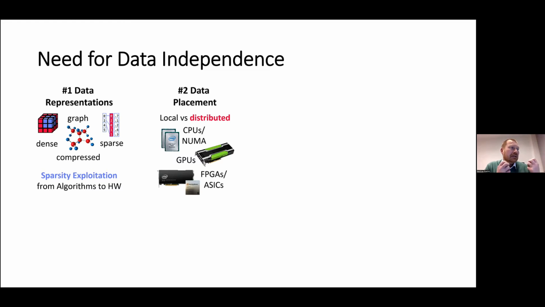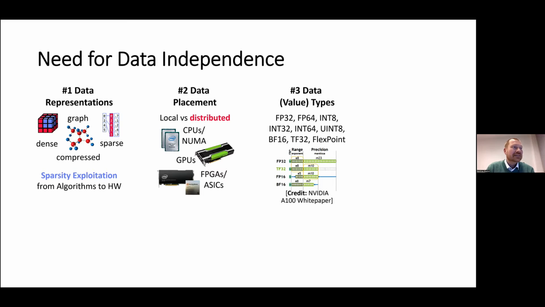Second, we have specialization in terms of data placement, where depending on the workload, you want to run things locally or in a distributed manner, or leverage different hardware accelerators with trade-offs of reconfigurability, energy efficiency, and performance. Furthermore, recently, there's a surge of new specialized data types that have different width and combine different precision, but also range of values that we can encode with them.